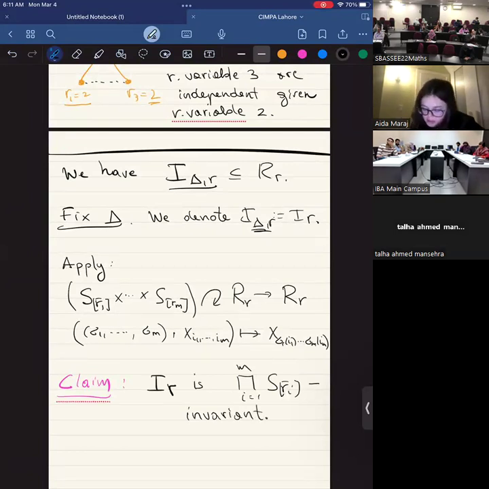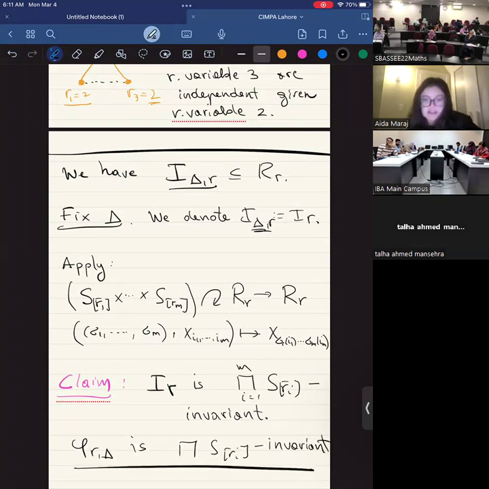Moreover, in fact, this phi of R delta is product of SRIs invariant. And this is kind of the key idea on how one shows that. So basically we have our ideal that we defined. If we act by this action, we still land in the ideal.